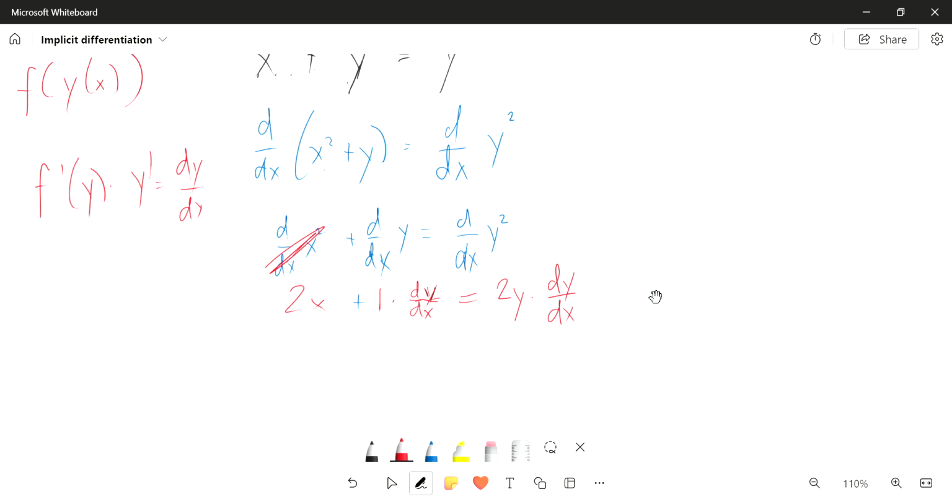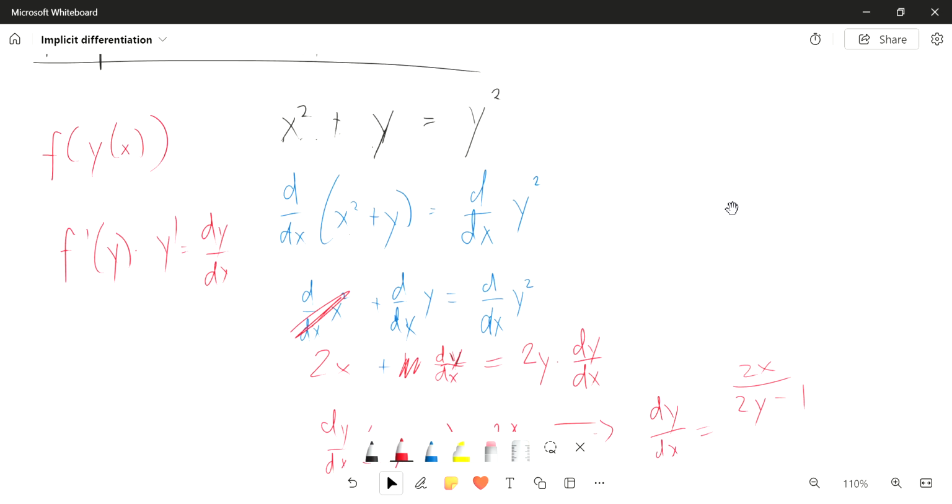Say you just want to find the general derivative, then you take this dy over dx to the other side, so you get dy over dx times 2y minus 1 is equal to 2x, and then you divide by 2y minus 1, giving 2x over 2y minus 1.